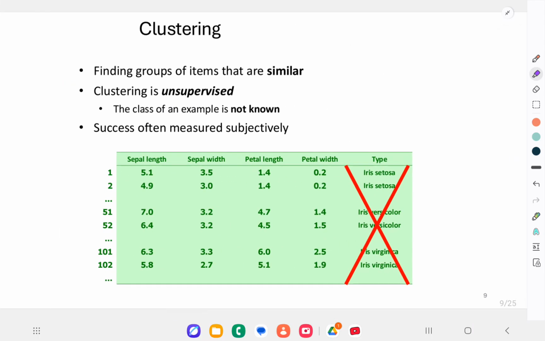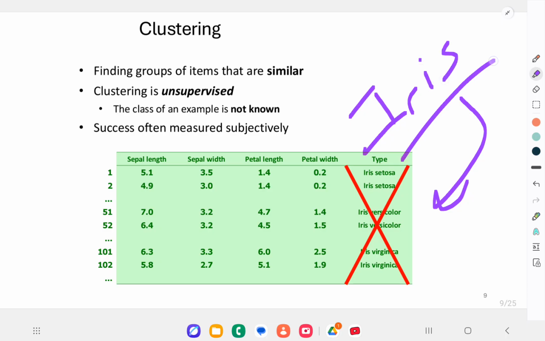Now let's talk about unsupervised learning, right? So far we've introduced supervised learning where each data point has a known outcome, right? But what happens when you don't have those labels? That's where unsupervised learning comes in. So take a look at this example, which is the classical iris dataset, right? This is a very well-known toy dataset in machine learning. It contains measurements of iris flowers, things like the sepal length, the sepal width, and so on.